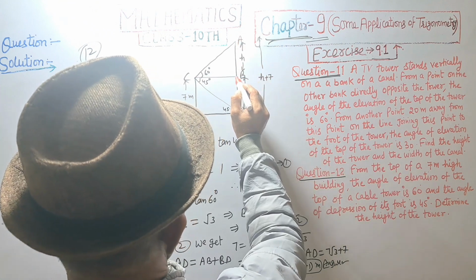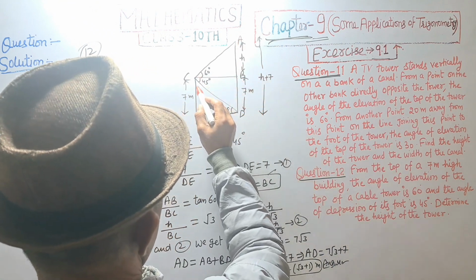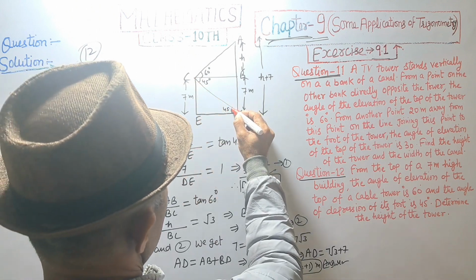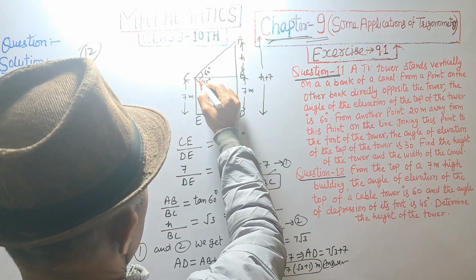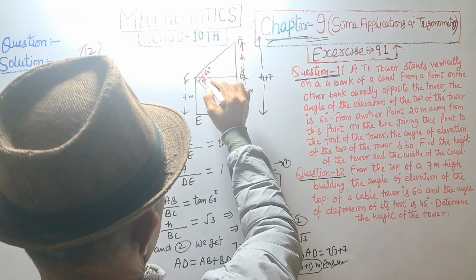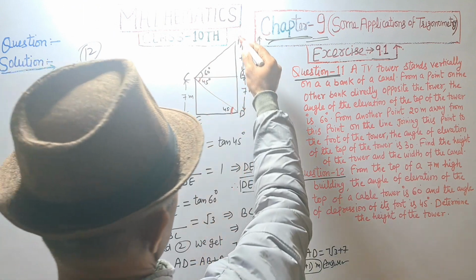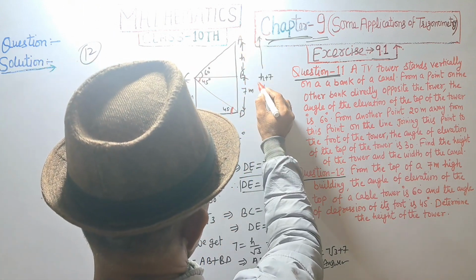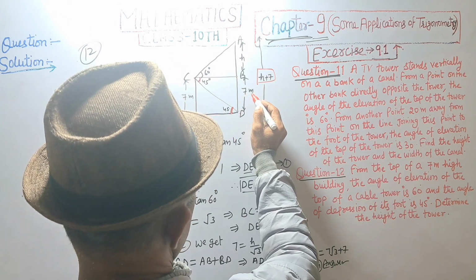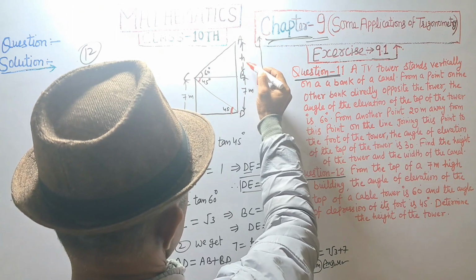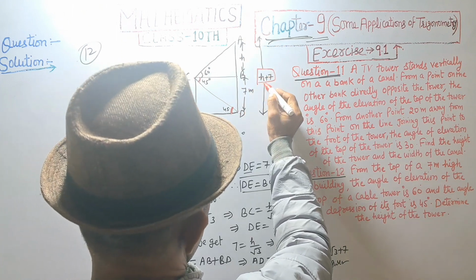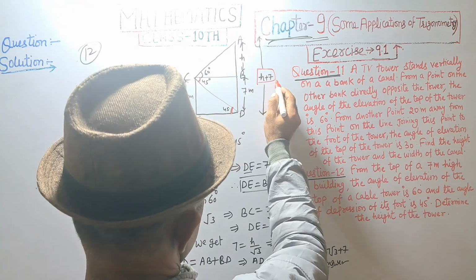In triangle ABC and triangle CDE, angle 45 degrees, and angle ACB 60 degrees. AD distance is equal to H plus 7, BD is equal to 7 meters, and AB is equal to H. Total AD is equal to H plus 7.